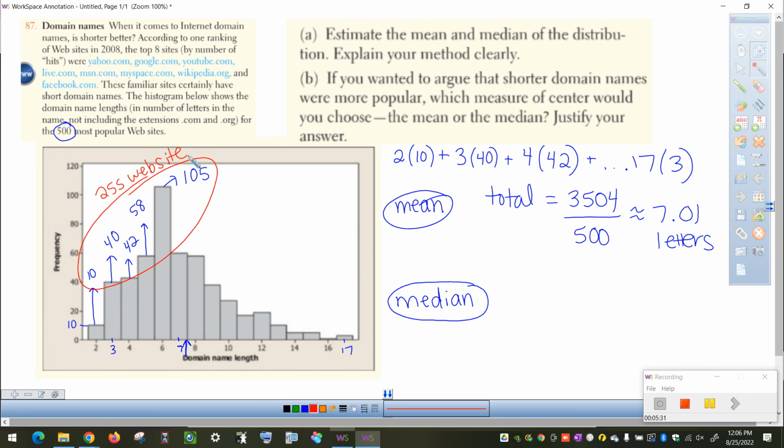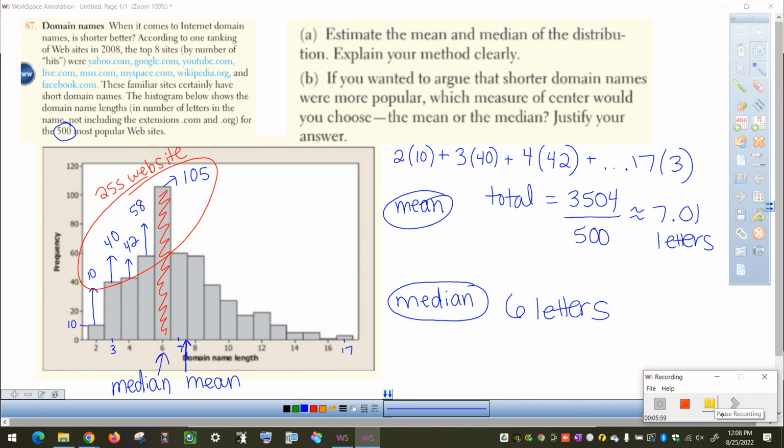That means that the 250th value is somewhere in this bar, which represents websites with a domain length of 6 letters. So our median should be 6 letters.